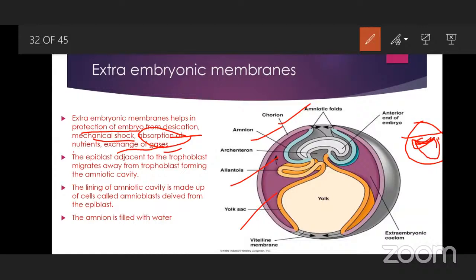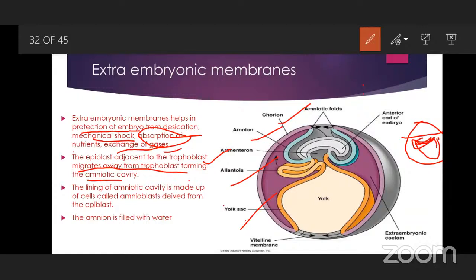Adjacent to the trophoblast, the outermost layer, the cells migrate away from the trophoblast, forming the amniotic cavity.